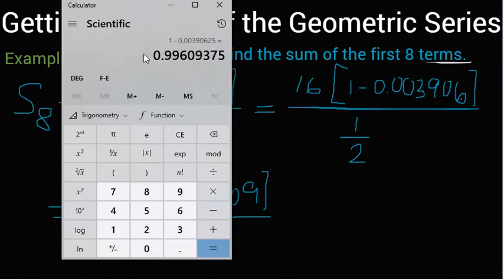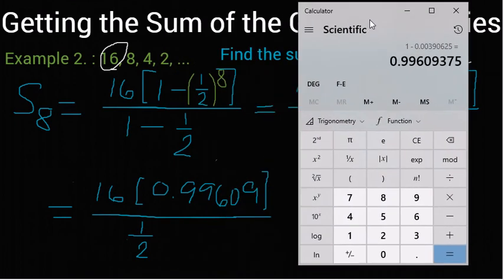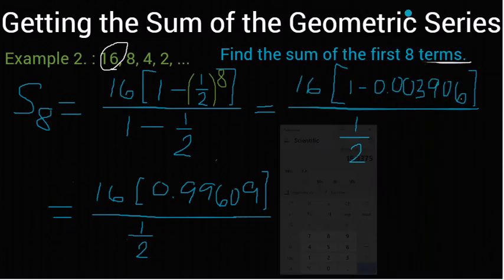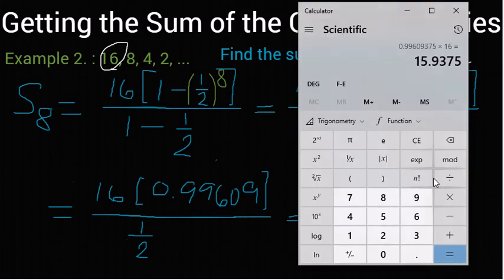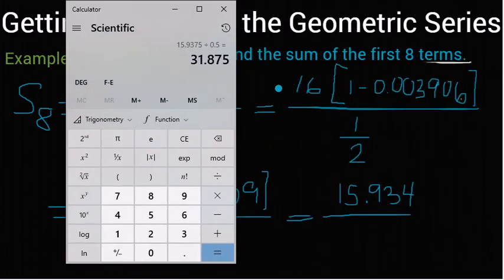So we need to multiply this by 16. 16 times 0.99609375 is 15.9375, and then divided by 0.5 is 31.875.